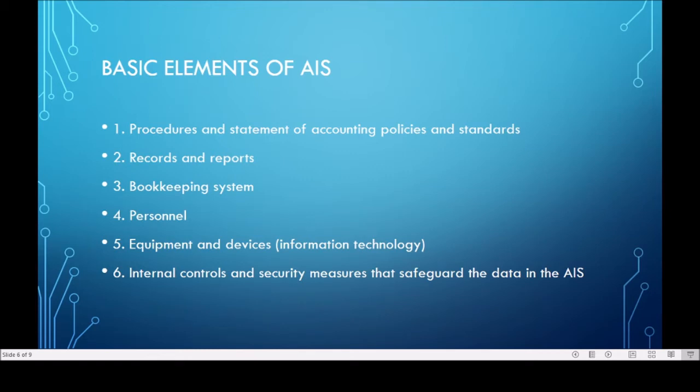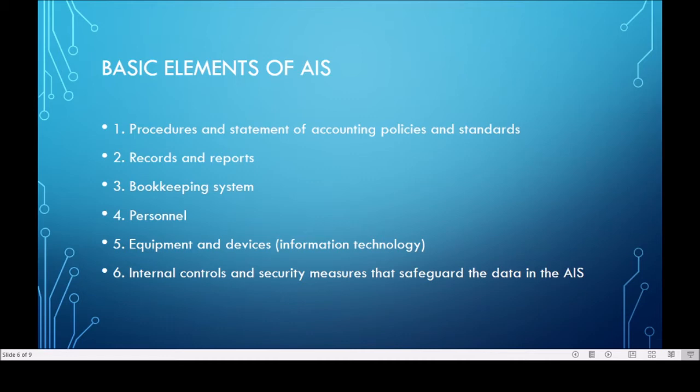For a computerized information system, there must be enough equipment and devices, for example, a storage wherein all information and data gathered are intact.